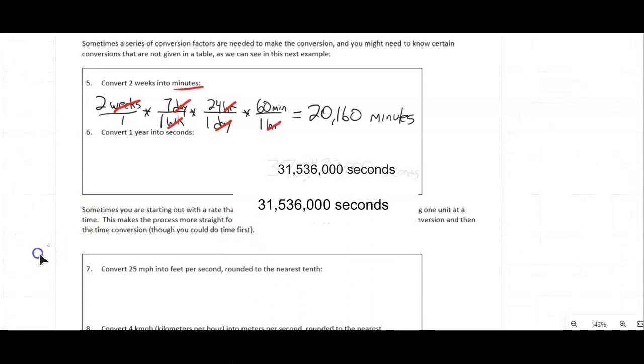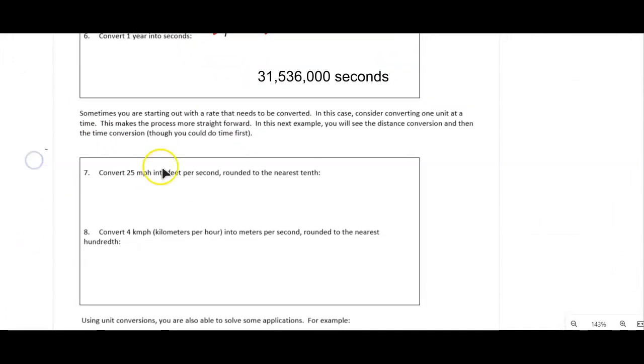Now, next question, number 7, we see that sometimes we need to convert a rate. And now what's special about a rate is if we look at like 25 miles per hour, although the units are written miles per hour, that's actually already a fraction.